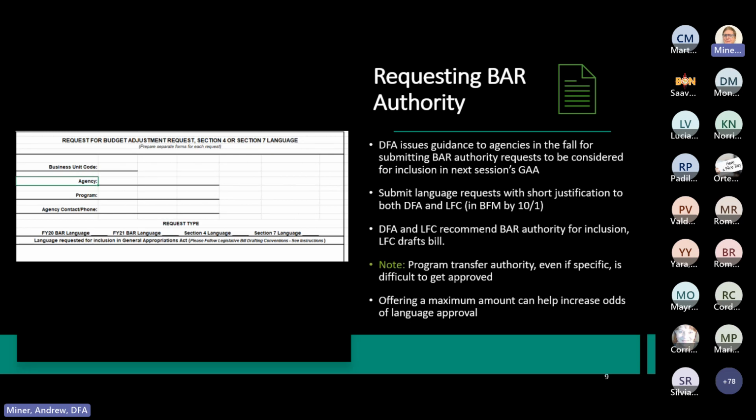So saying, okay, the such and such program can request budget increases from other state funds up to $1 million or up to $500,000 or something like that. That at least shows that you don't want to go crazy with your budget. You just might need this extra little bit, and I think that helps. It's no guarantee, but it can help.